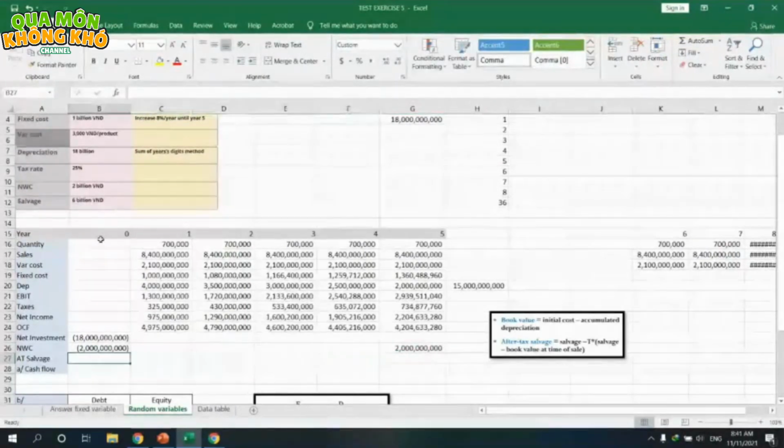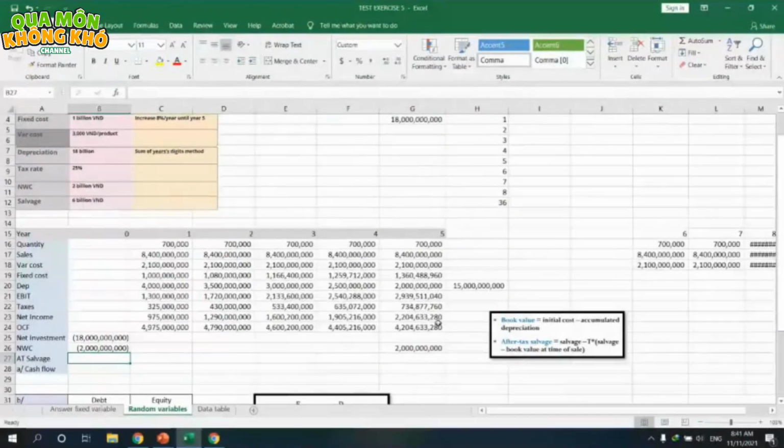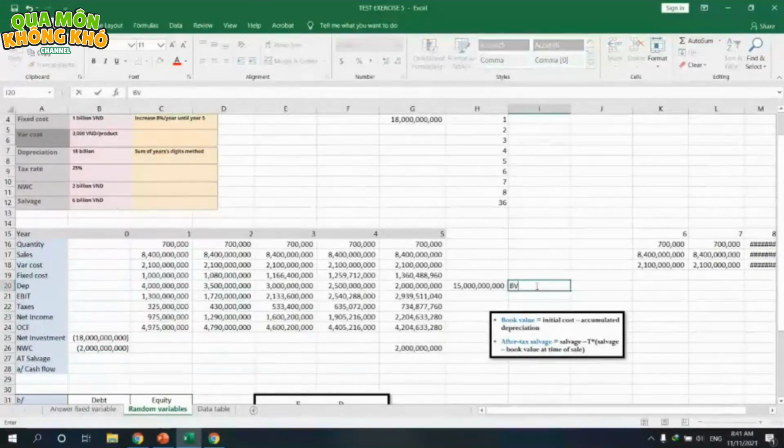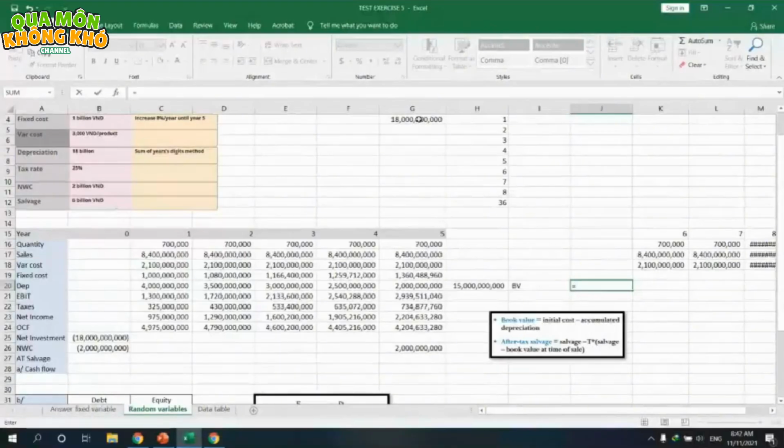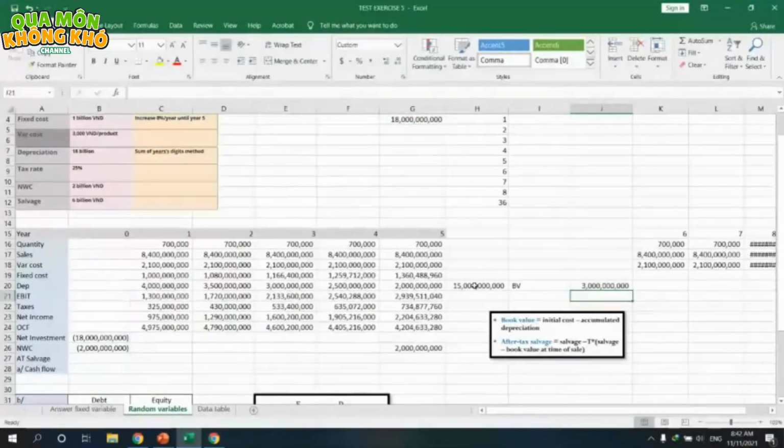And the next one is the after-tax salvage value. To calculate it, we need to calculate the book value here. The formula of the book value here is equal to the initial cost, which is 18 billion, minus the total depreciation. So we have 3 billion.